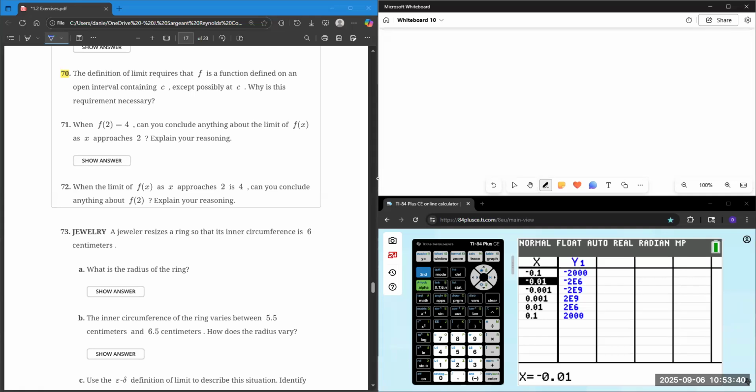So let's see if I can draw that picture for you that you probably used in class, that maybe the point is there, maybe it's not. Here's where I think the limit L is, and I've got an epsilon neighborhood here, L plus epsilon and L minus epsilon.